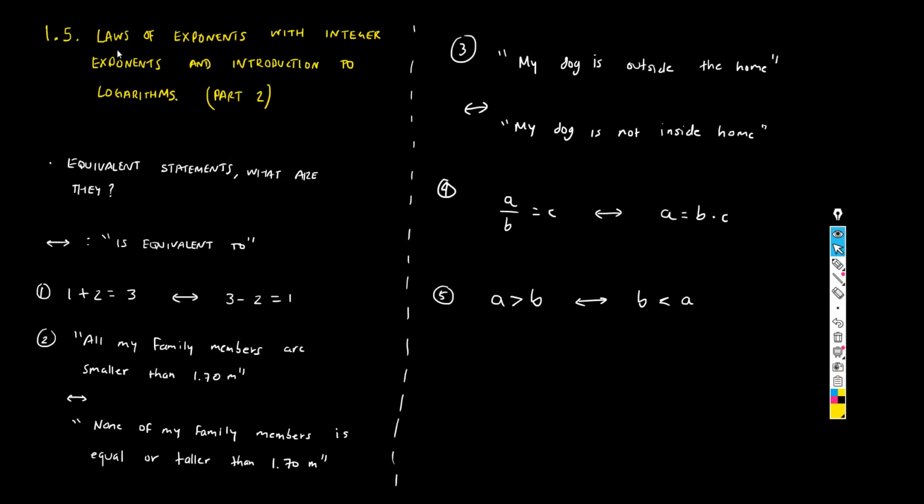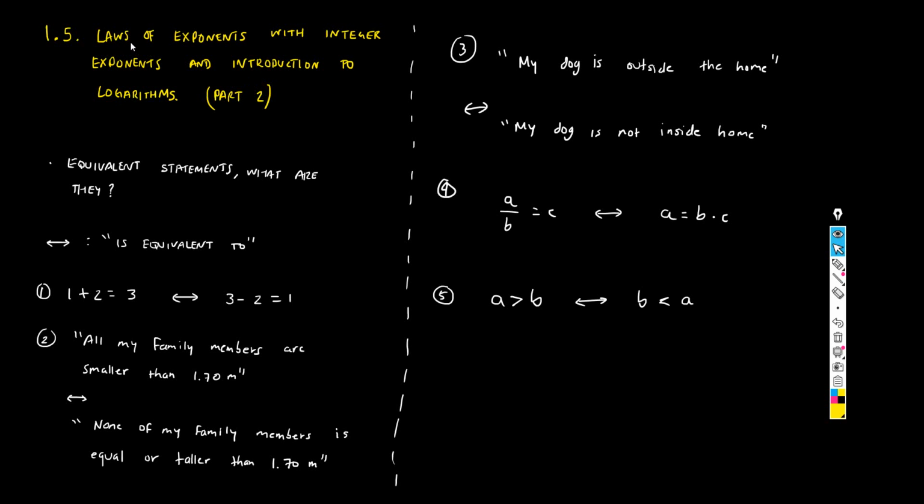And remember that we were on subtopic 1.5, which is laws of exponents with integer exponents and an introduction to logarithms. And now this is the second part, the introduction to logarithms.